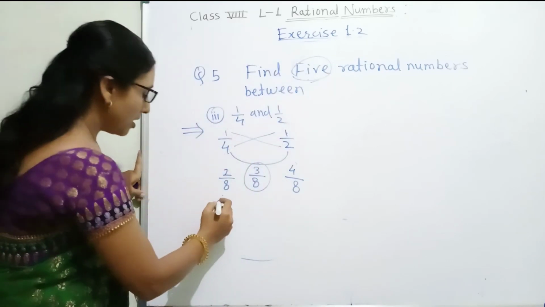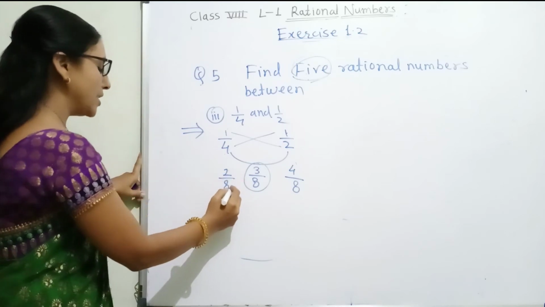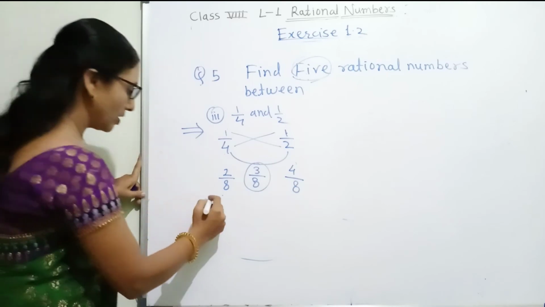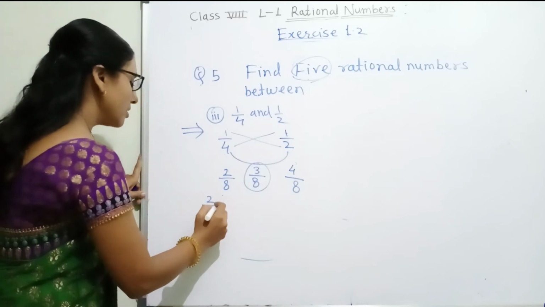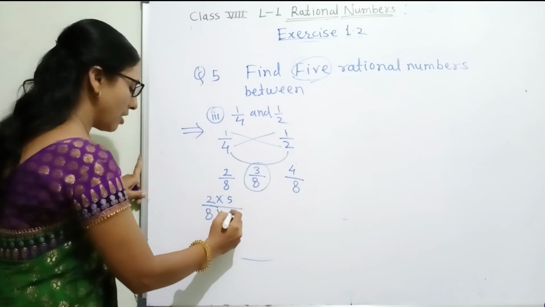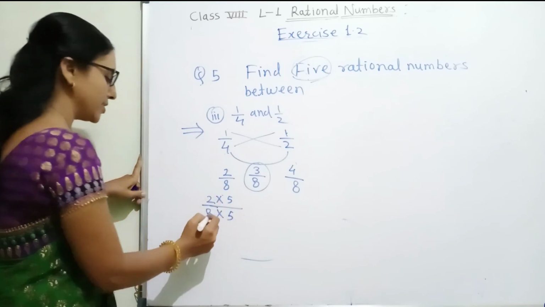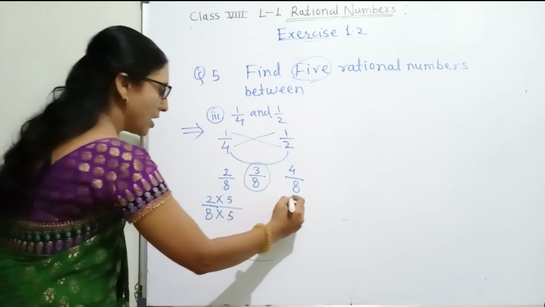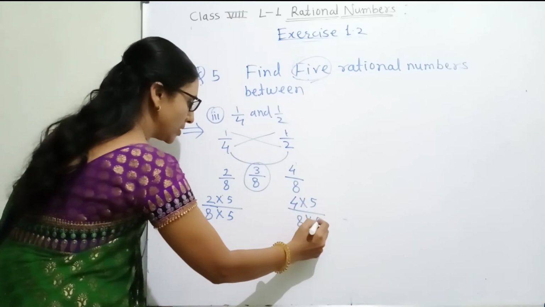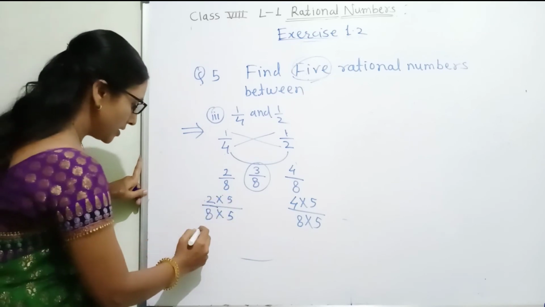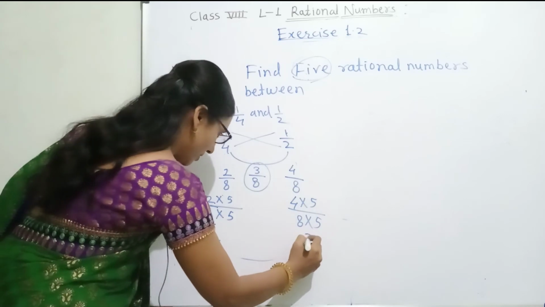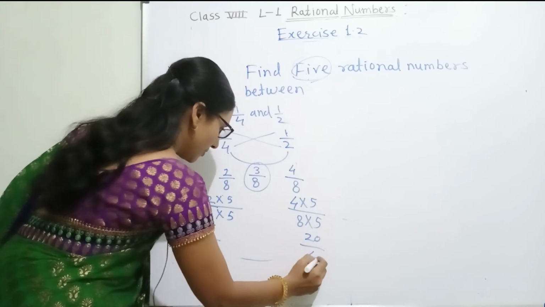So multiply numerator and denominator of both these numbers by any number. 2 by 8, numerator of 2 by 8 is multiplied by 5, denominator of 2 by 8 is multiplied by 5. Here numerator is multiplied by 5 and denominator is multiplied by 5. 5 2s are 10, 8 5s are 40, 4 5s are 20, 8 5s are 40.